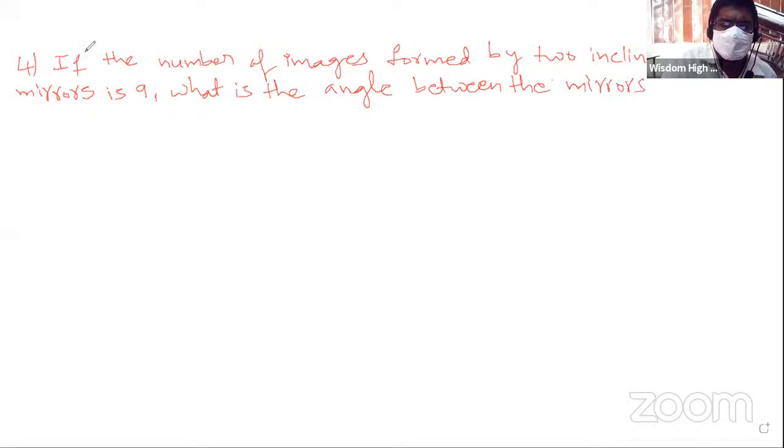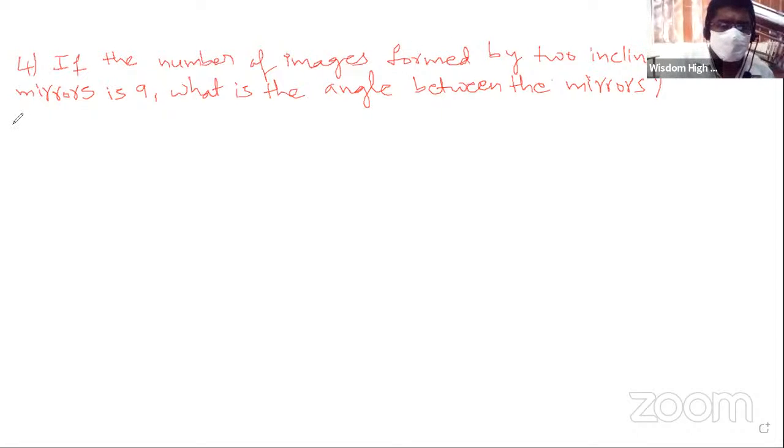Listen here. In the previous problem, the number of images was asked. Here, the number of images formed by the two mirrors is given, but what is the angle in between the mirrors? It is the reverse. Very simple.